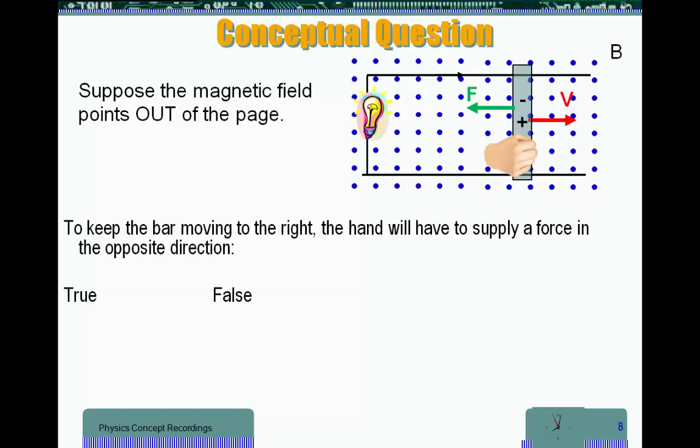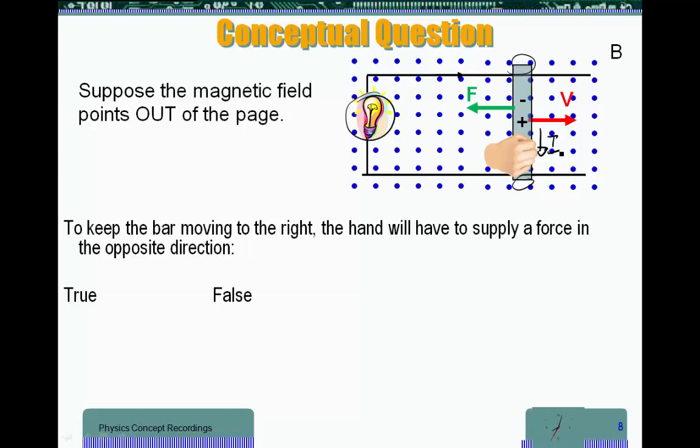So here, because of the motion of that bar, I'm going to have a current in that bar. Now we are completing the circuit so that, instead of just a pileup of charge, we have a current flow and a light bulb lights up. So I'm going to have a magnetic force on that bar. From what we just found out, the positive charges are being pushed downwards. That means the direction of the current is downwards.